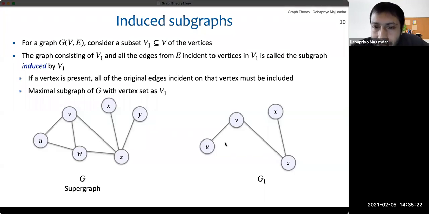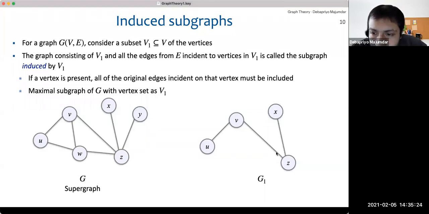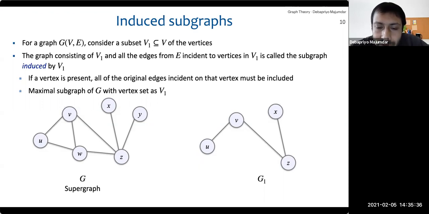But since you are keeping U, V, Z, and X, any edges between these vertices must remain present in the induced subgraph. In other words, we're just taking a subset of the vertices and seeing, restricted to this subset, how the graph looks. Is it clear? Is it clear to everybody?